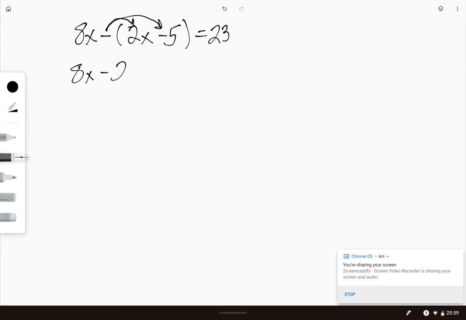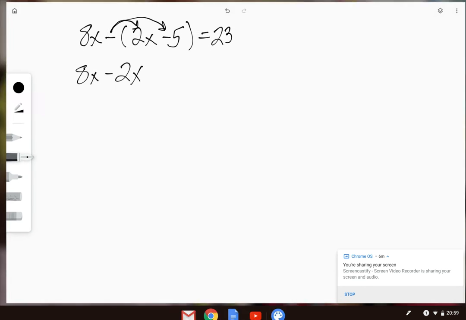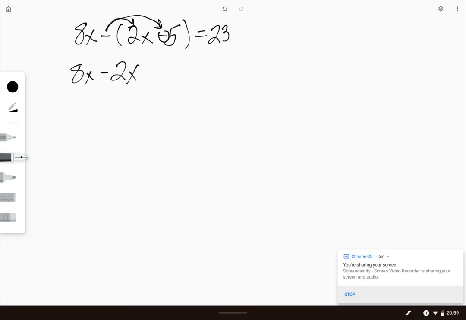So that gives me a minus 2x because I treat that negative like it's a negative 1. So negative times a negative, again, is going to produce a sign change and make that a plus 5. And I still have 23. So 8x minus 2x gives me 6x plus 5 equals 23.